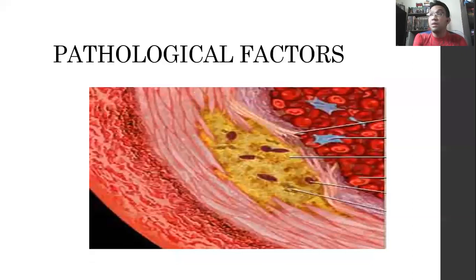Another would be pathological factors. So if the patient is suffering from a disease, let's say for example, liver or kidney disease, the doctor again should make adjustments with the drug dosage to prevent toxicity from happening in a patient. So this can play an important factor as well in the prescription of a drug.